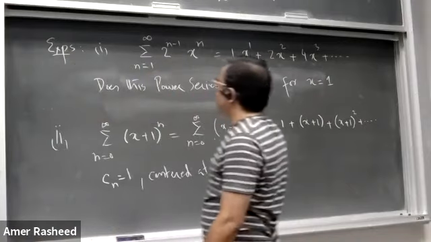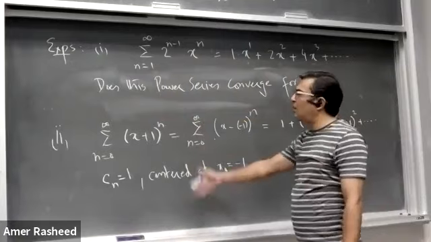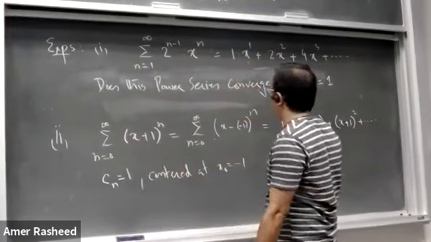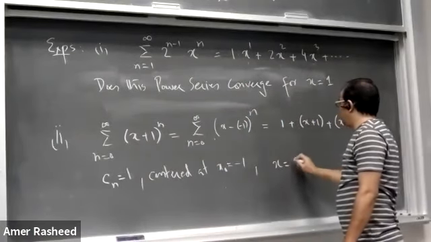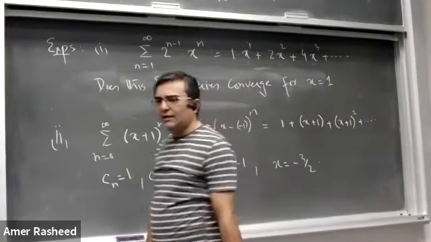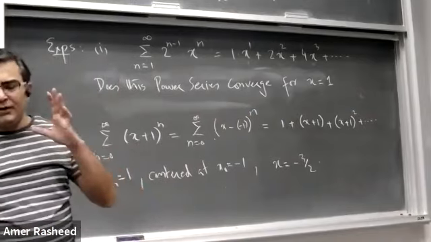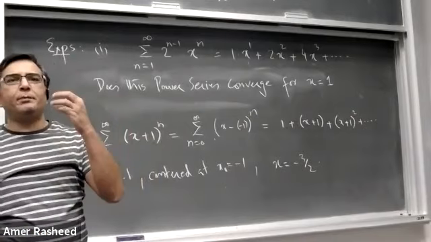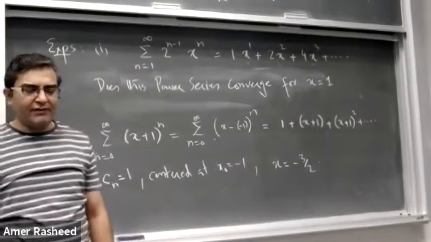Similarly, does this series converge for any specific value of x, maybe x is equal to -3/2, or any other value? Any power series can be convergent or divergent for any specific or particular value of x.